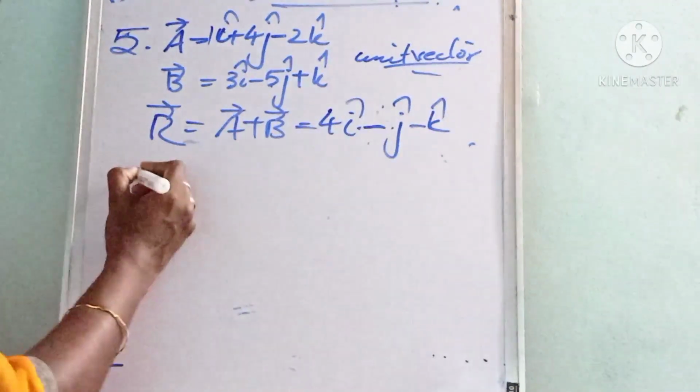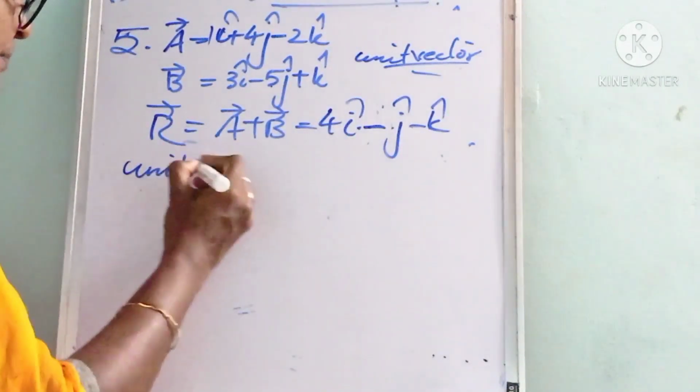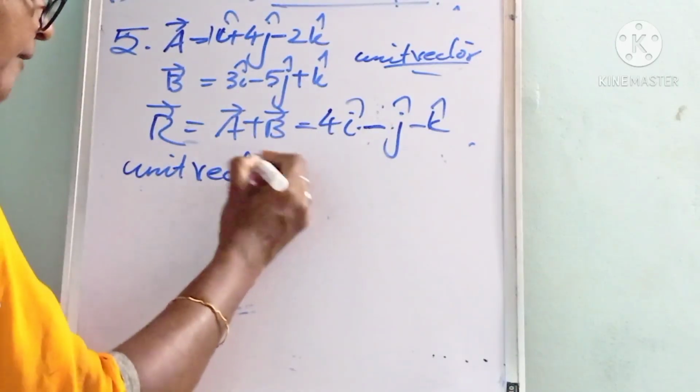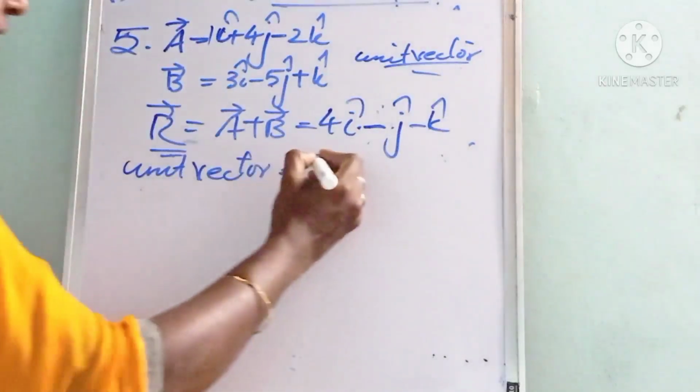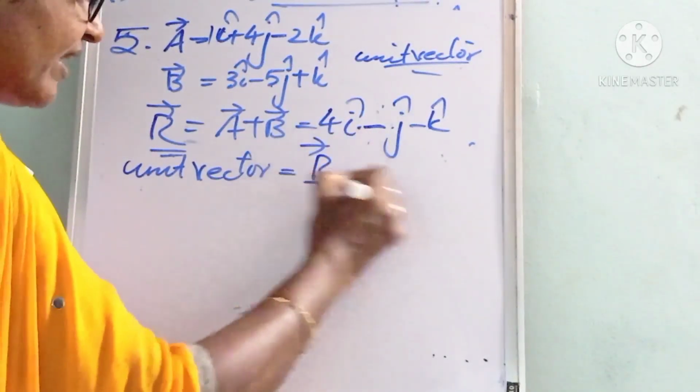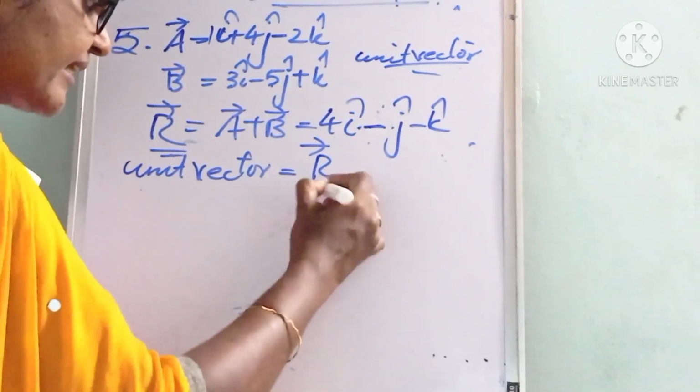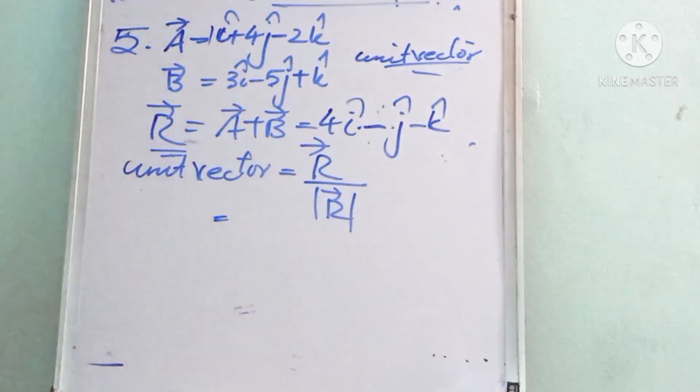We have to find the unit vector which is parallel to the resultant vector R. You know the unit vector is equal to vector R divided by modulus of vector R. This is the equation that you already know.